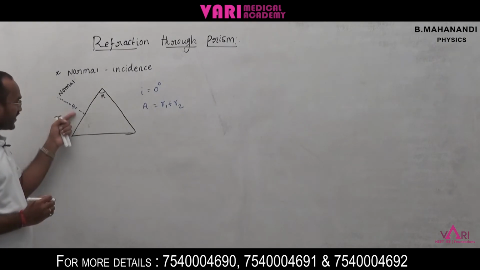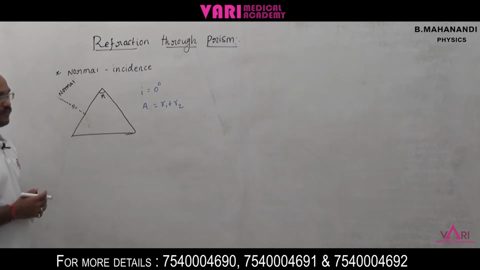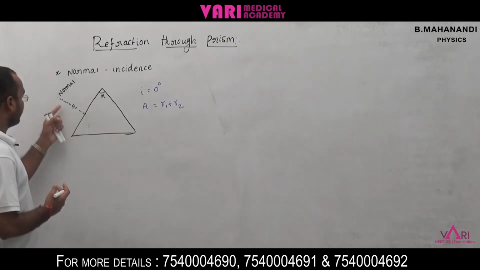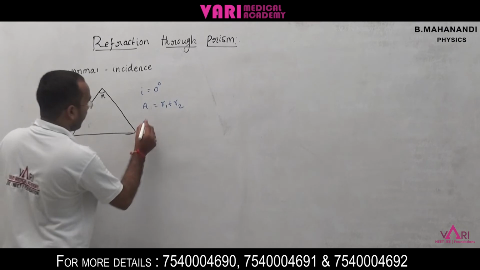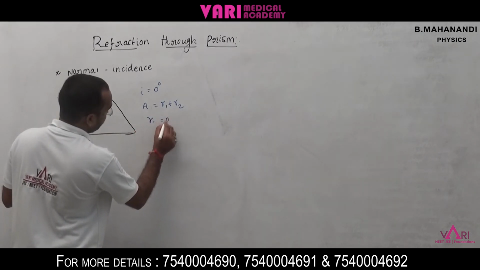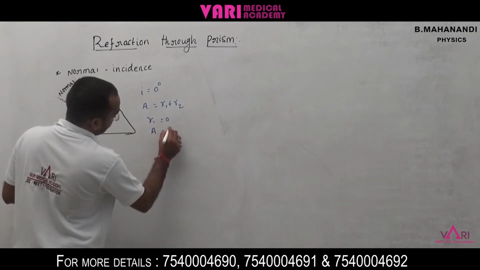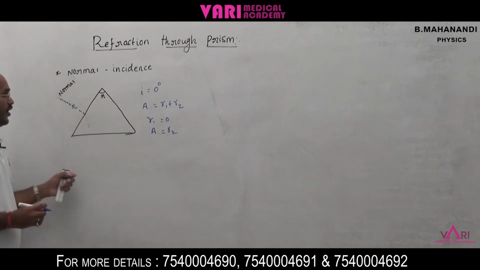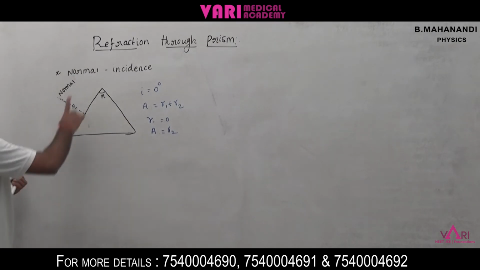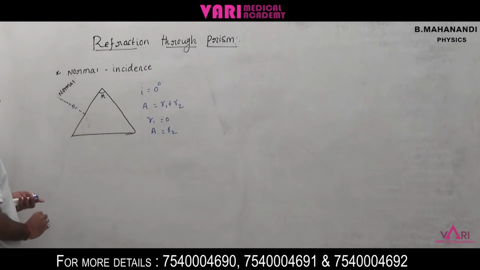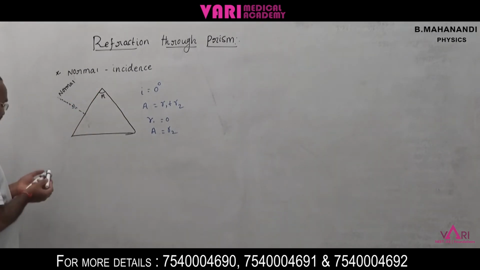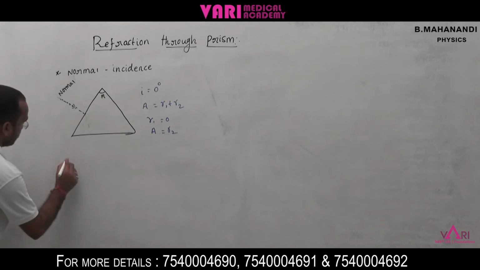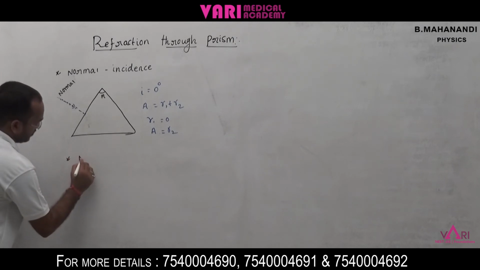Now the refraction angle here, what happens? It means refraction is not possible, so r1 equals 0 degrees, A equals r2. Now normal incidence is finished. Suppose normal emergence.